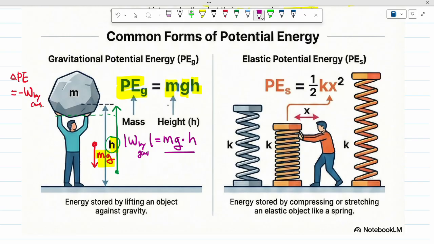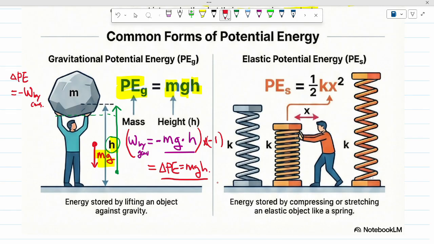If we are dealing with the actual signed quantity, then the amount of work being done will be minus mgh, and take this whole thing, multiply by minus 1, that gives you the change of gravitational potential energy, which is equal to mgh.